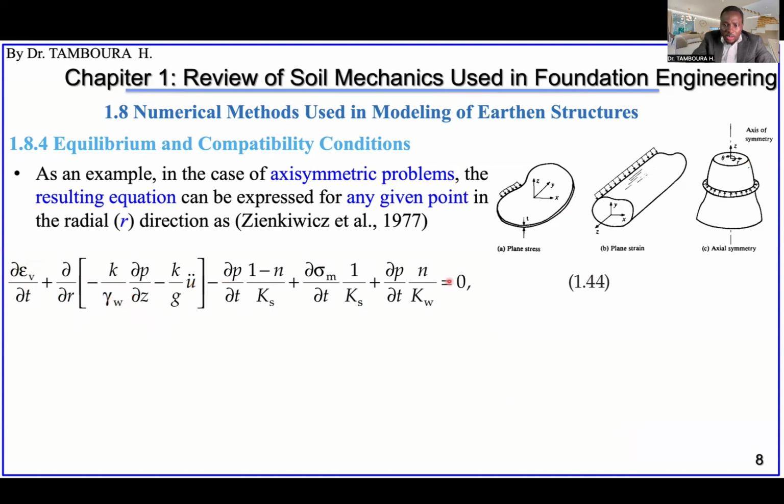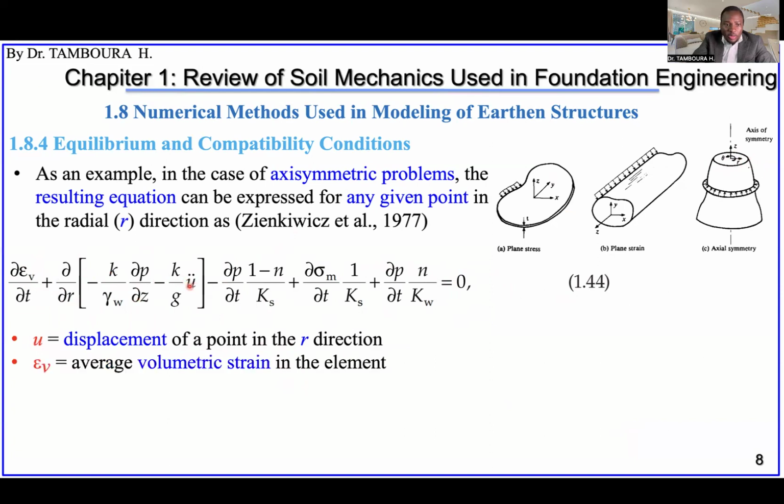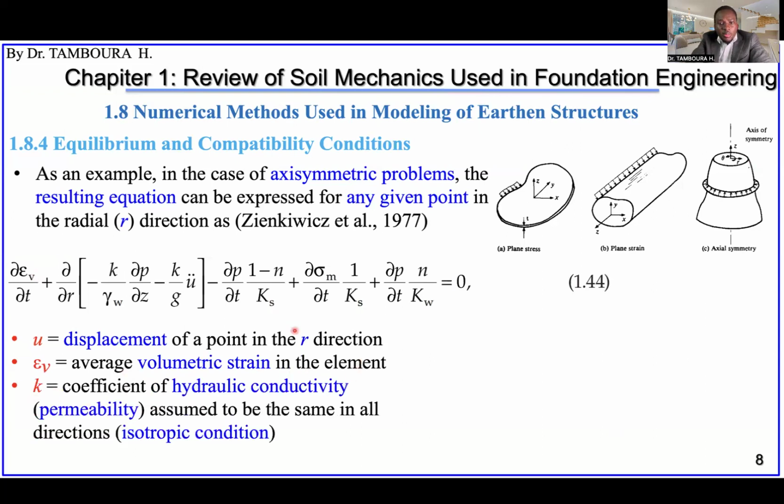It is quite a long equation, but each U here is the displacement of a point in the direction of R. And here this one is the average volumetric strain, epsilon V, in the element, and this K is the hydraulic conductivity, or if you want, the permeability, which is assumed to be the same in all directions.